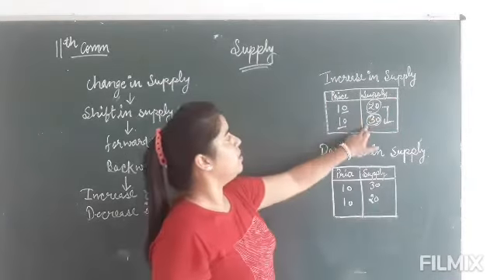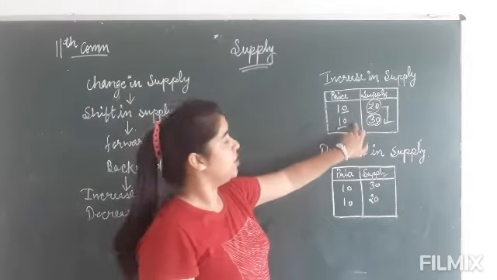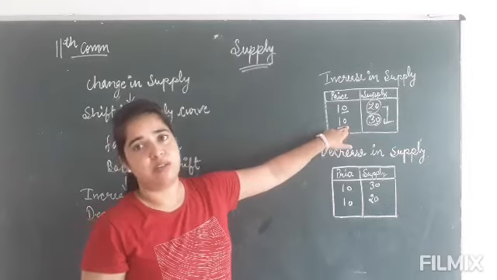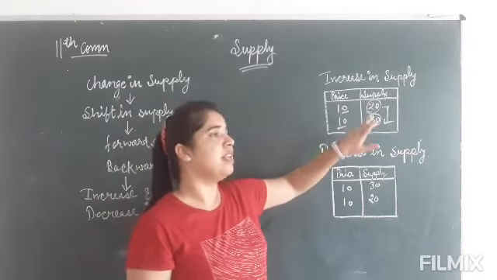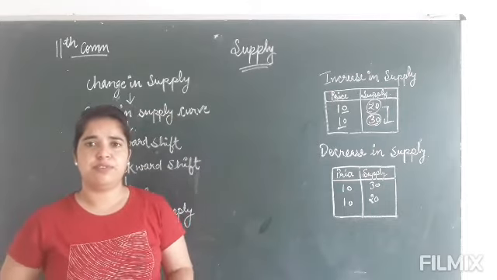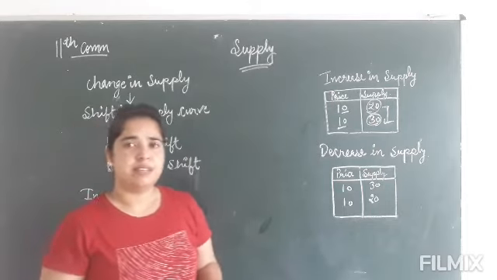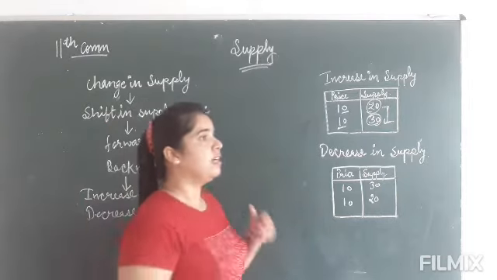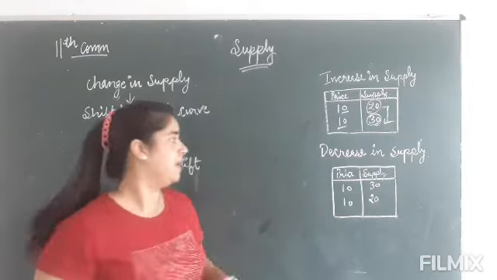This 30 is not because of the price, because price is the same, but because of other factors like goal of the firm, factors of production, government policy, future expectation of prices, that you have already studied in the determinants of supply.